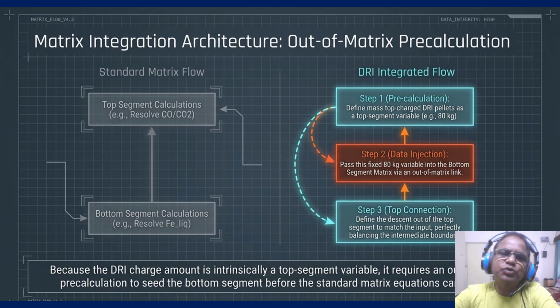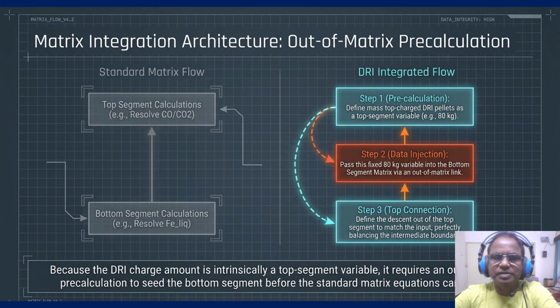The flow diagram shows a standard matrix flow on the left being bypassed by this DRI-integrated flow on the right. Step 1 defines the variable, step 2 passes it to the bottom, and step 3, the top connection, perfectly balances the intermediate boundary.